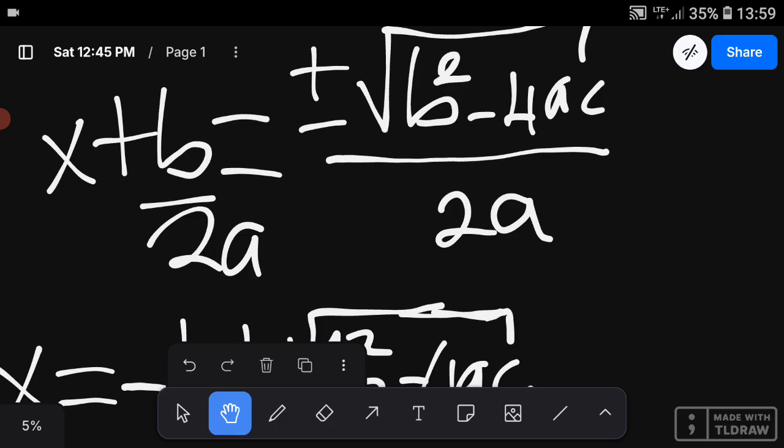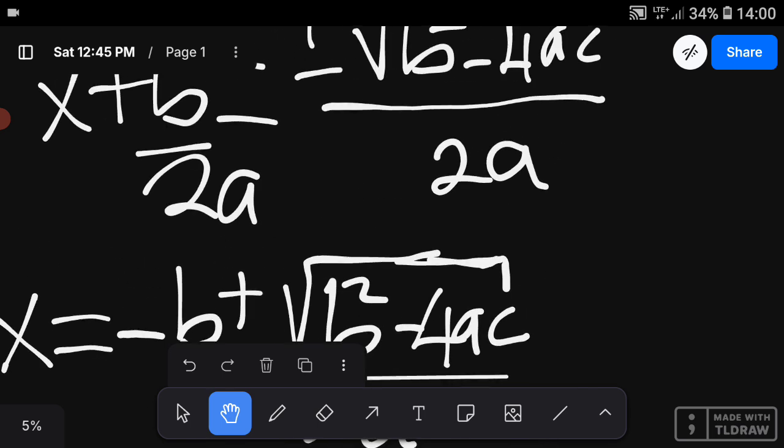So we have x plus b on 2a equal to plus or minus the square root of b squared minus 4ac, all divided by 2a. Now notice the square root can no longer affect the denominator because it already did, and that is why we have 2a left.